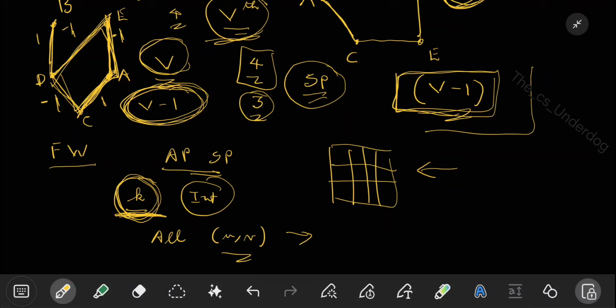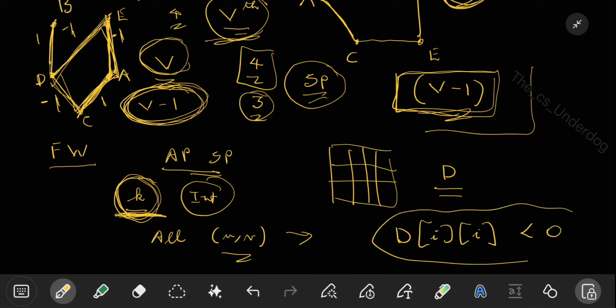Instead, as you complete the Floyd Warshall algorithm, if your distance matrix is having any of the diagonal entries as negative value, that is, any of the entry d[i][i], if any of these is having a negative value, if it is less than 0, that means there is a negative weight cycle present in this graph.